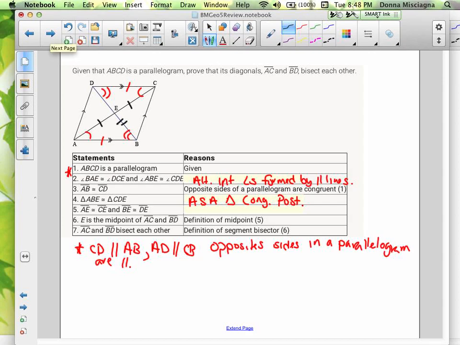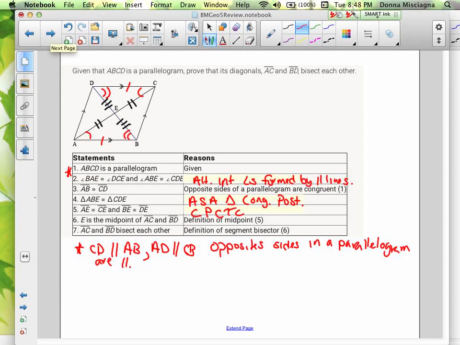And actually, I should put 2 here and 3 here, so they don't look like the other ones that already marked those sides. All right, so we know those sides are congruent. Those are sides in our triangles, and we've already proven our triangles congruent. So if the triangles are congruent, then all of the corresponding parts are congruent. I'll abbreviate this time: CPCTC. Corresponding parts of congruent triangles are congruent.